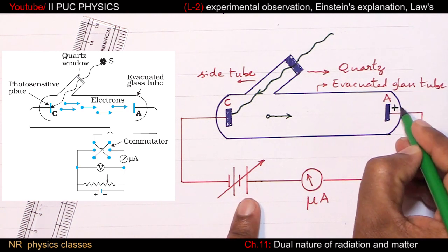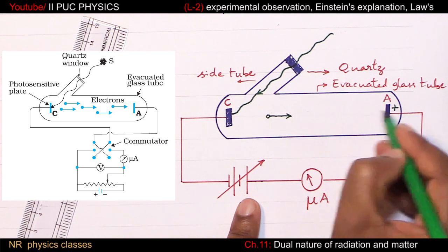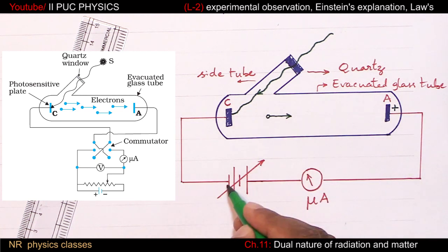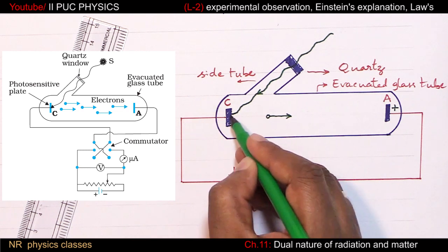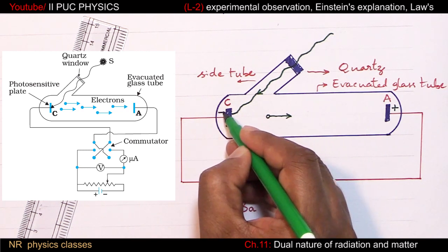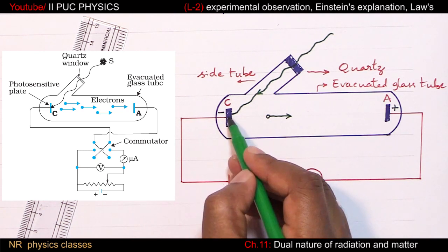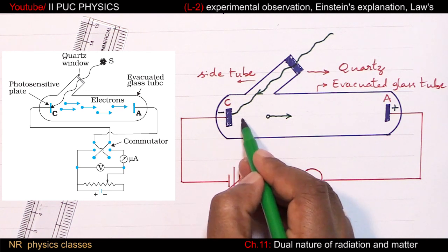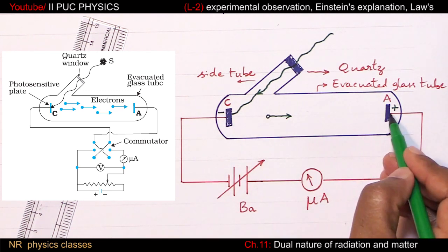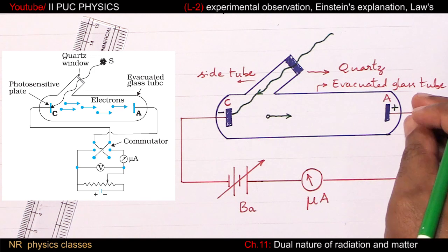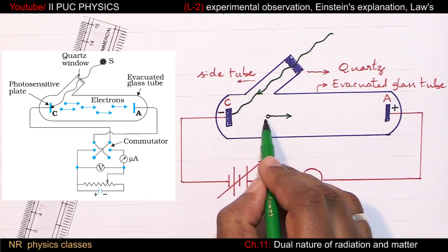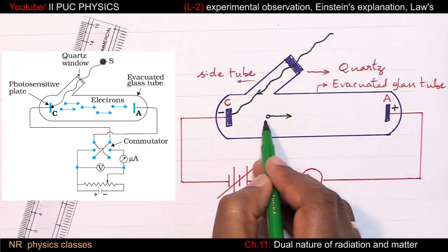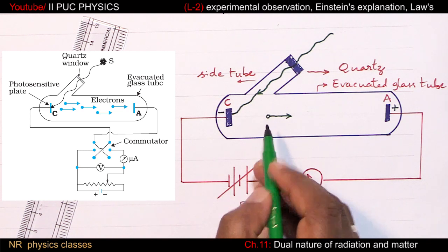At positive potential it can attract electrons. Negative is connected to the cathode, so the cathode is ready to expel electrons. At the same time, the anode is ready to attract electrons. So electrons can travel to the anode, and these electrons are photoelectrons.